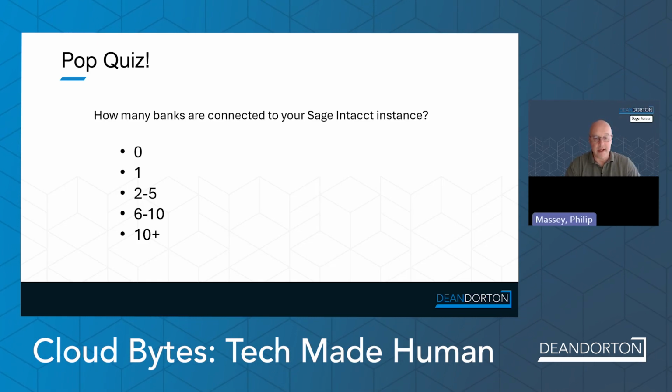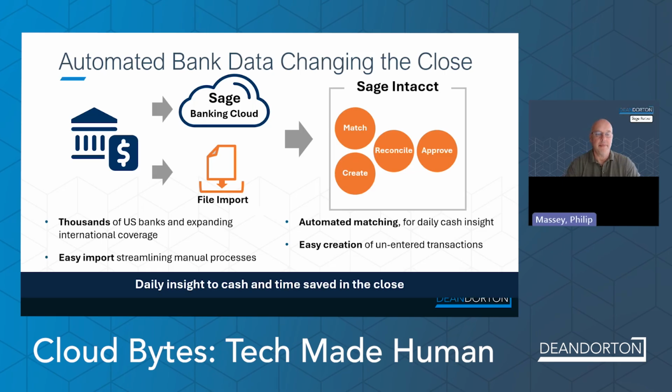The way that it works is you go into the system, you set up through the Sage Banking Cloud a connection between Intacct and your bank. There are hundreds of U.S. banks, as well as banks in other countries, that are connected to the Sage Banking Cloud and therefore can be connected into your Intacct environment.